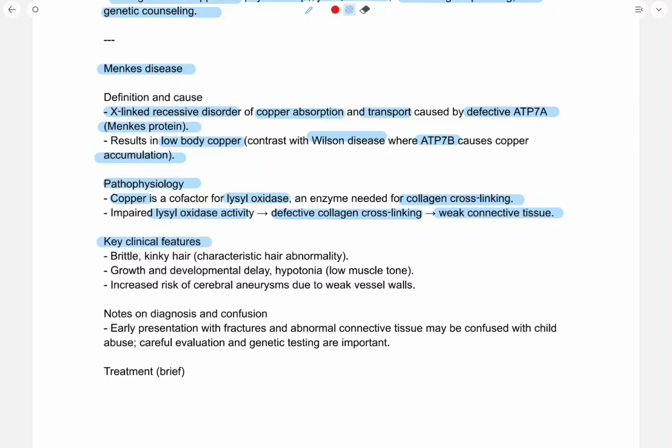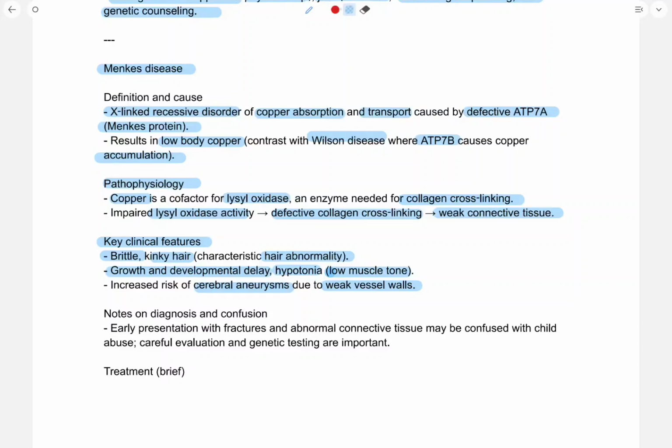Key clinical features of Menkes disease are brittle, kinky hair, a characteristic hair abnormality; growth and developmental delay; hypotonia, low muscle tone; and increased risk of cerebral aneurysm due to weak vessel walls.